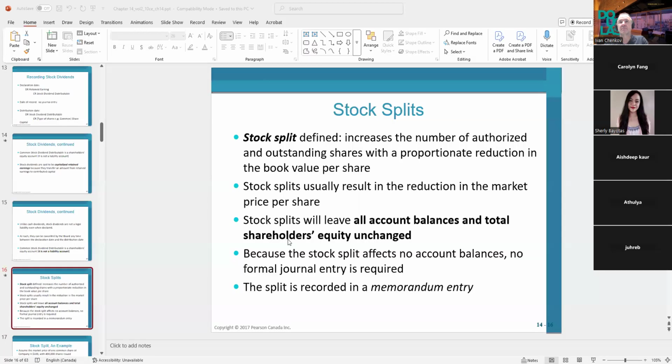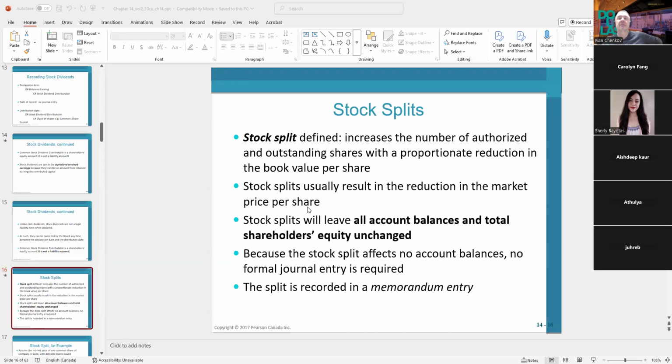Okay, let's go back to the slides. Now you understand what the stock split means. It increases the number of authorized shares and the outstanding shares with a proportional reduction in the book value per share. Is that going to translate to a proportional reduction of the market price per share?